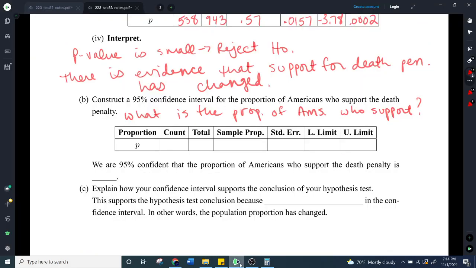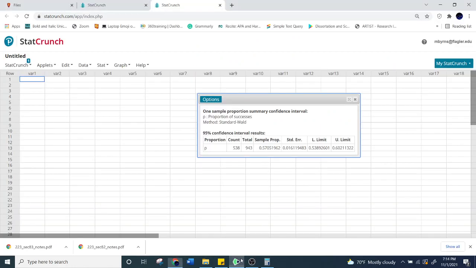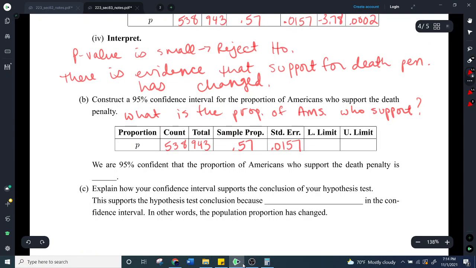Our counts are the same: 538 again out of 943. The sample proportion is still 57%. The standard error is 0.0157. Now, the lower limit is right here, 0.54. I'm sorry, I don't know why I said negative. I was thinking about my z-score up here. We're not going to have a negative lower limit. That doesn't make sense.